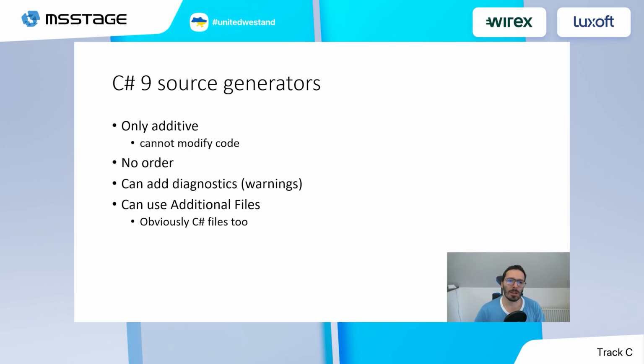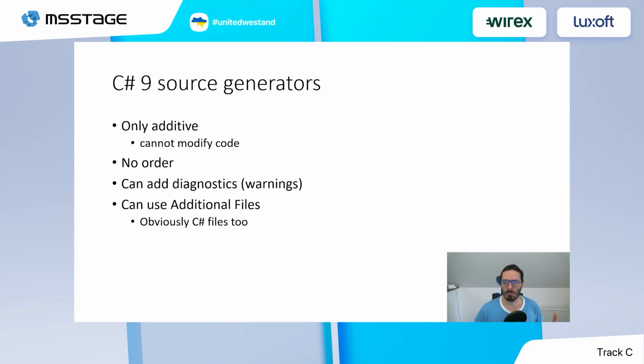The next one is that you cannot specify any order. There's no order in which the source generators run, which looks like a huge limitation, because, well, what happens if this one runs first or that other one runs first? But if you think about it, you can only add code, and the source generators see the state of the files when you start.